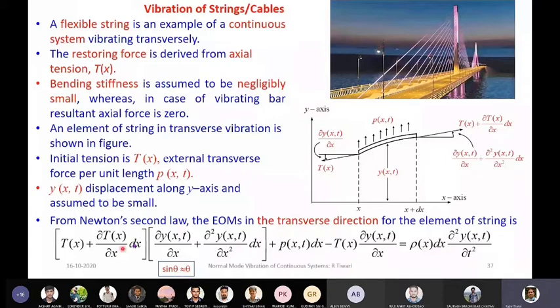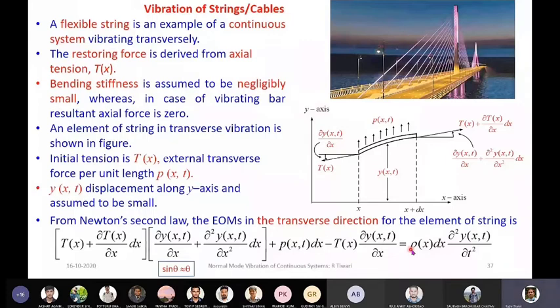This is the force in the right direction, and this is the corresponding slope angle. This force into the length of the segment of the cable will give the force in the y direction, and on the left side, the component in the vertical direction will be in the negative direction. So this will be T and this angle.